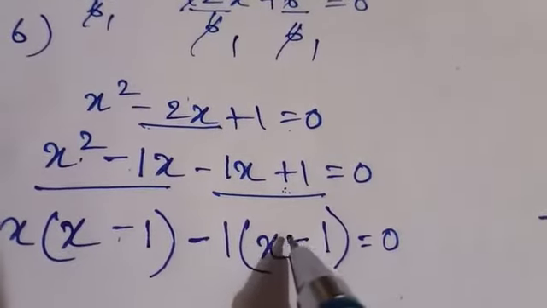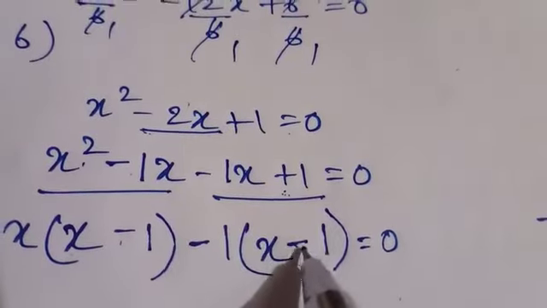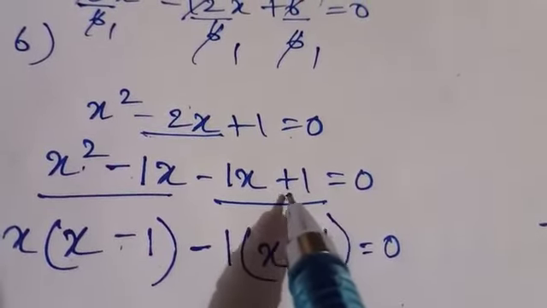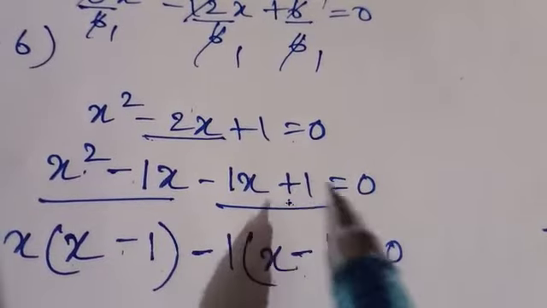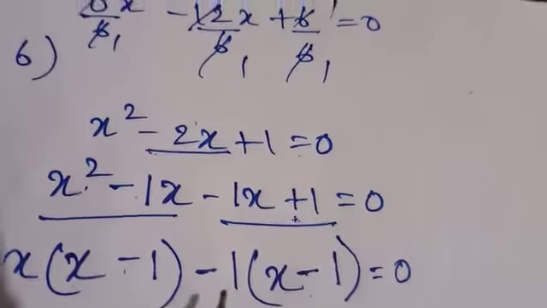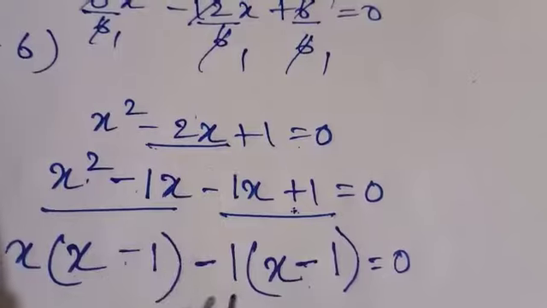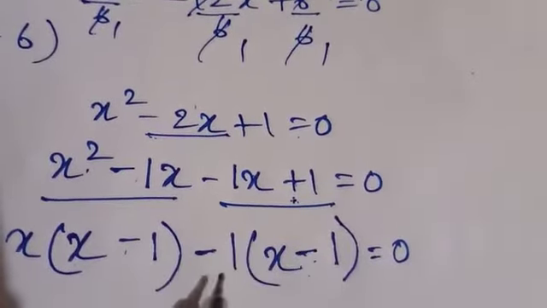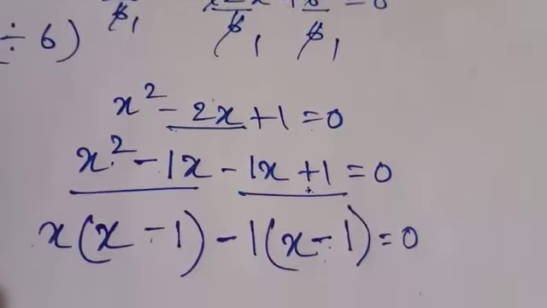Suppose I put plus here, if I multiply this, minus into plus will become minus. But what must we get here? Plus, right? So I'm putting minus here. So now see, minus into plus is minus, 1 into x is x. Minus into minus is plus, 1 ones are 1. Yes?